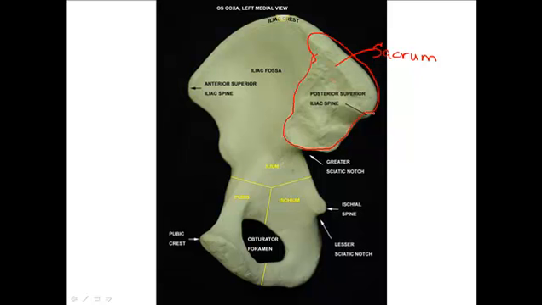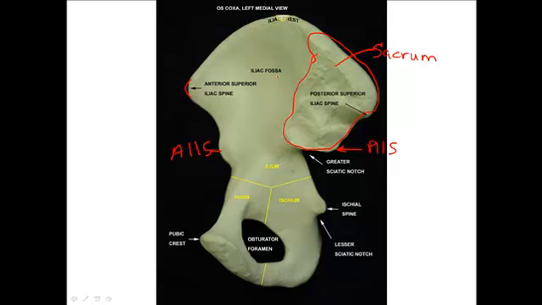Again, here's your posterior superior iliac spine. Here's your posterior inferior iliac spine. Here's your anterior superior iliac spine and your anterior inferior iliac spine.